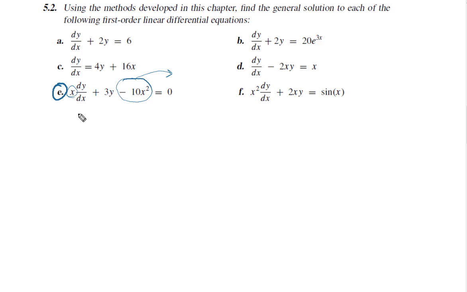So when we move the 10x squared over, we would have, and when we divide through by x, we would have this. And so here is what we are calling P in the standard formula.